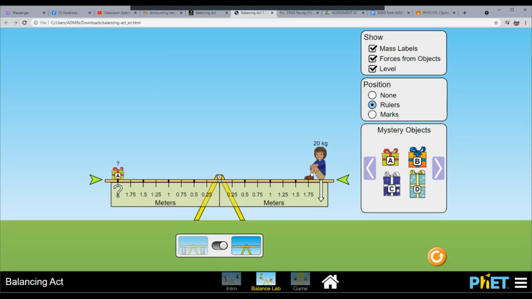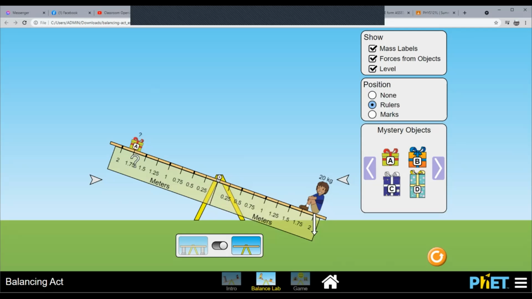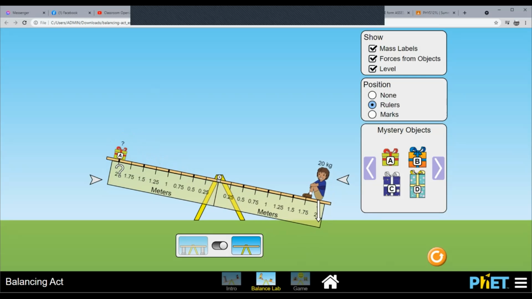So kung itong object natin is 20 kilogram, changing the distance will have no effect on the 20 kilogram. But instead, the distance will have an effect on the balance condition. Okay?